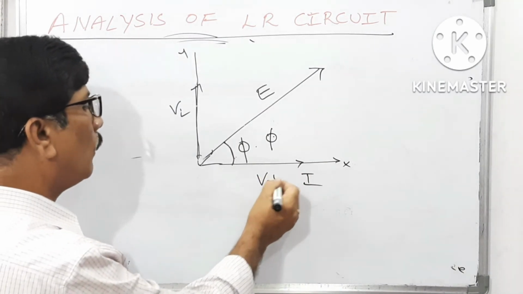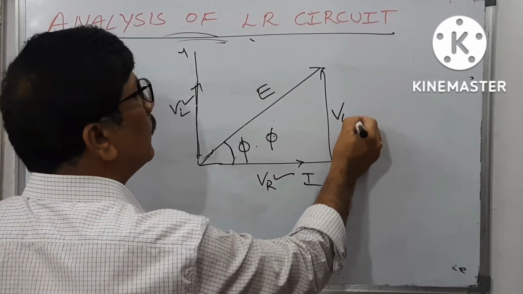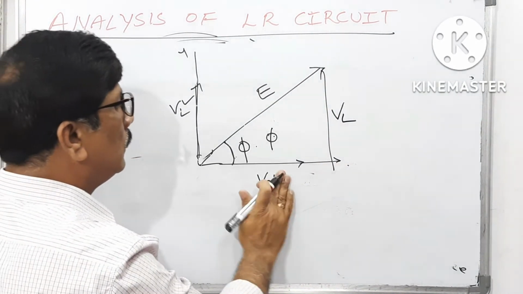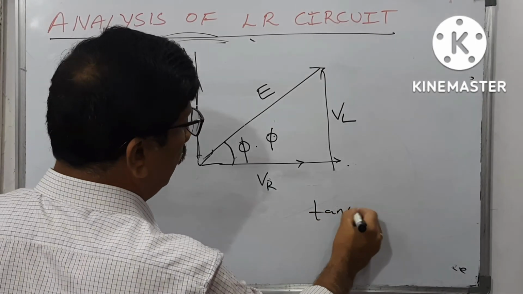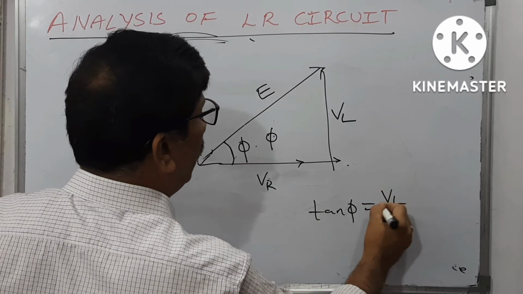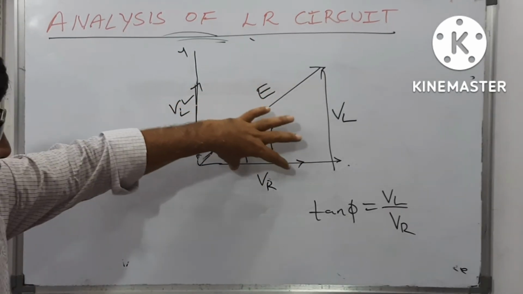If you want to find the phi value, how can you find it? Very simple. This is the voltage across the inductor and this is the voltage across the resistor. Then tan phi is equal to VL by VR, opposite side by adjacent side.